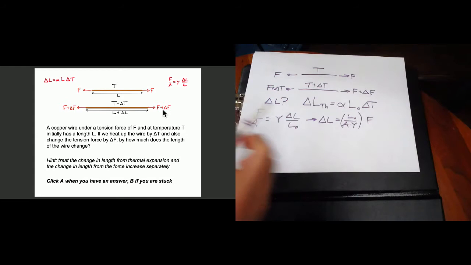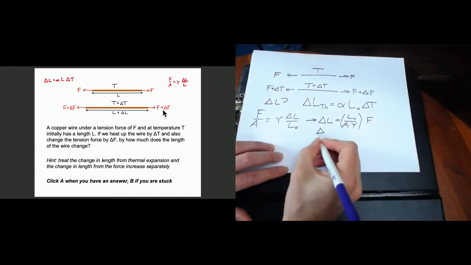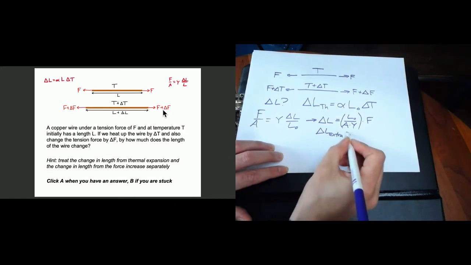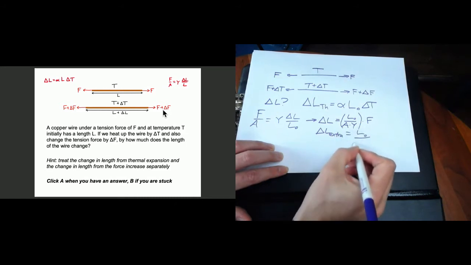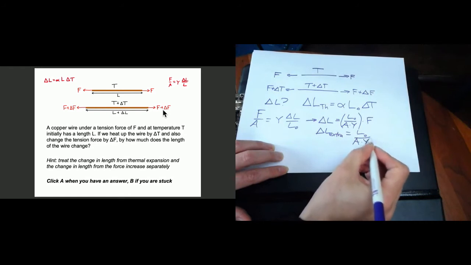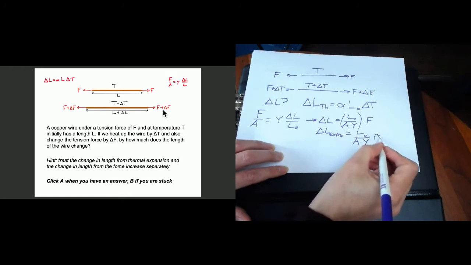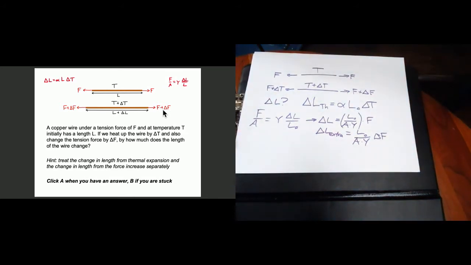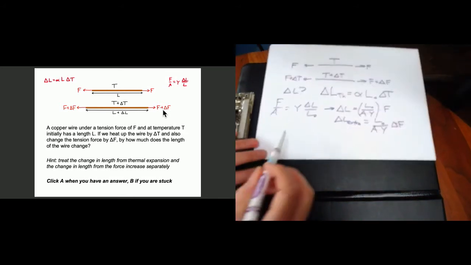So it's not hard to see that that additional change in length, I'll say delta L extra, is basically just given by the same formula, but instead of F, we put the change in force. So let me motivate that by a picture.